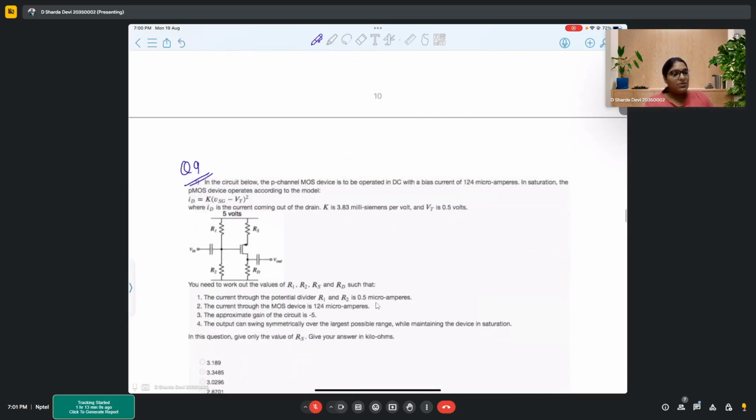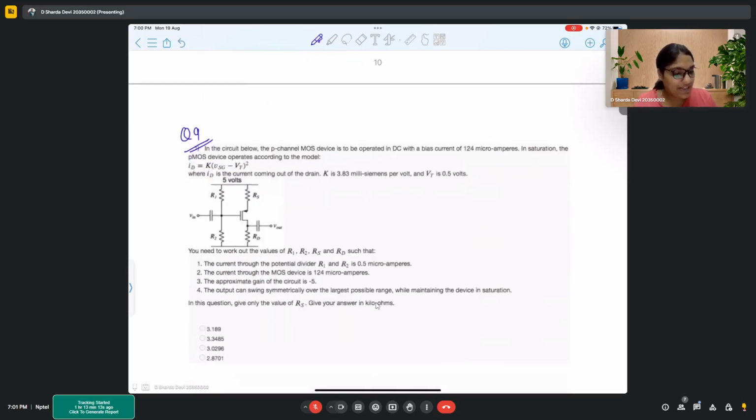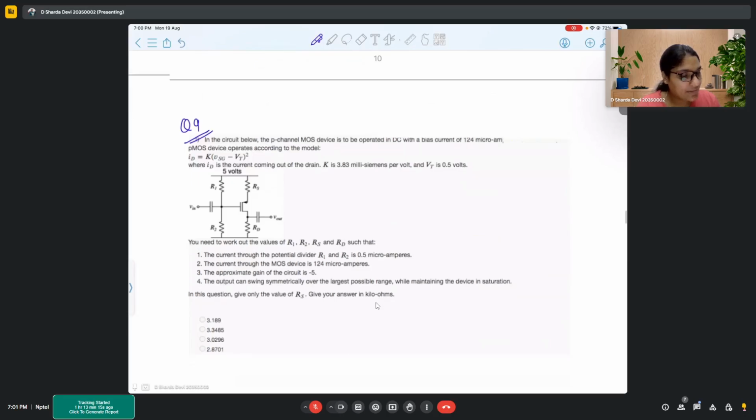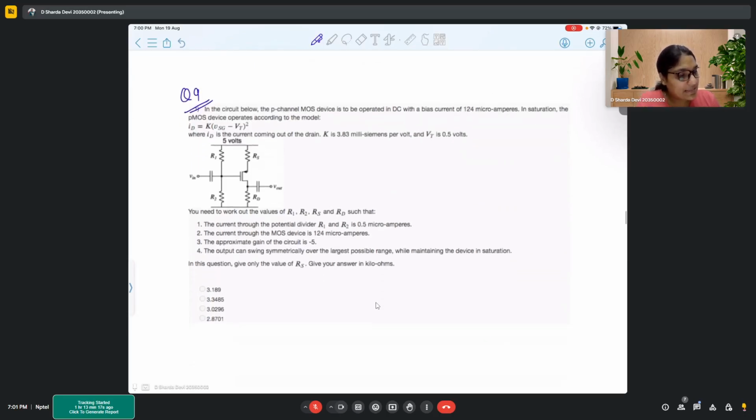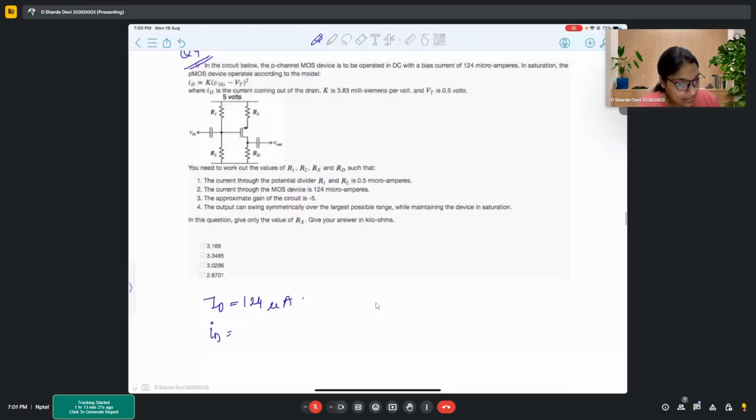So in this problem, okay, it's mentioned that it is a P-channel MOSFET with operating DC bias current ID of 124 microamperes. It's a PMOS with ID is K times (VSG minus |VTHP|) whole square.